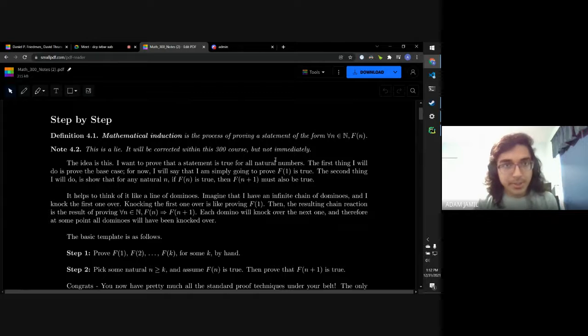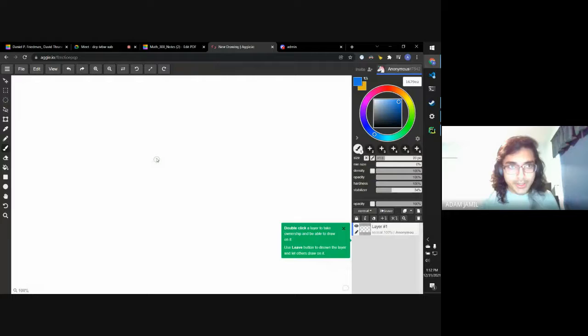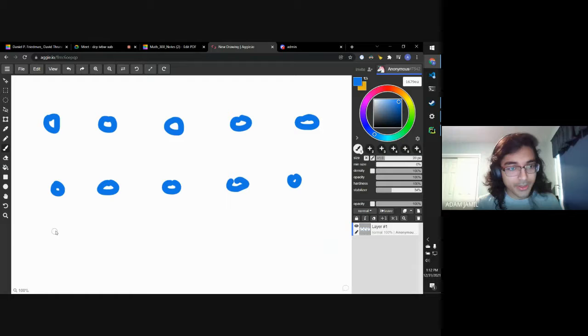So actually, let me draw a picture because I think a picture is pretty useful here. The idea of induction is this. You imagine you have some dominoes, but our dominoes will be circles. And I want to do something to all of these, and of course it will continue.